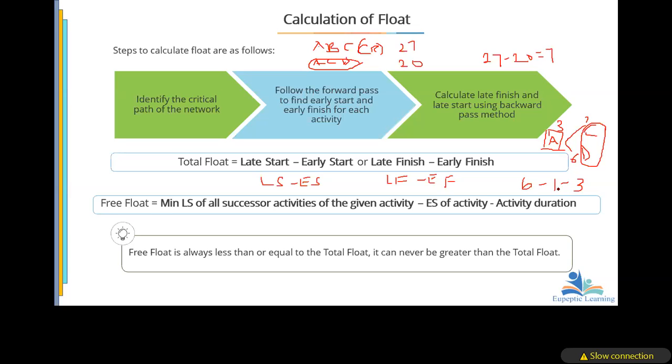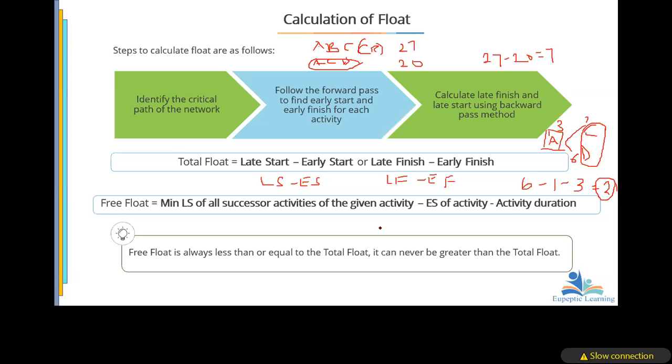So 6 minus 1 is what? 5. 5 minus 3 is what? 2. So it means that activity A has a free float of 2 days. Do you get it now? So calculate the float on an activity is simply free float.